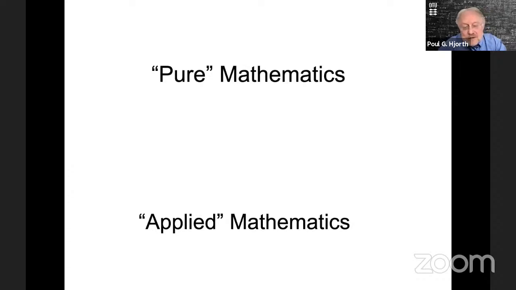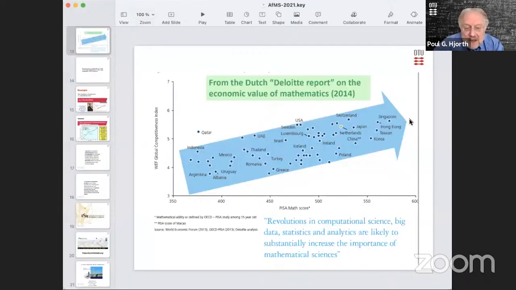Here's, for instance, an interesting figure from the Dutch report in 2014, where on the x-axis is an indicator of the national effort on educating young people in mathematics, the infamous, notorious PISA mathematics score for schools, and on the y-axis is a measure of the competitiveness of the economy.